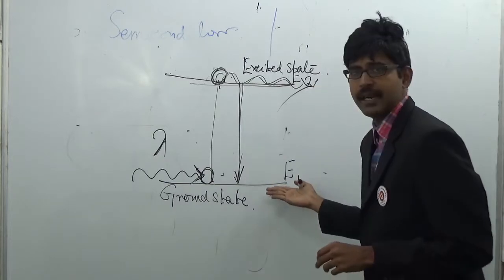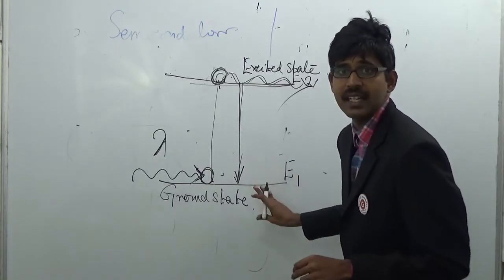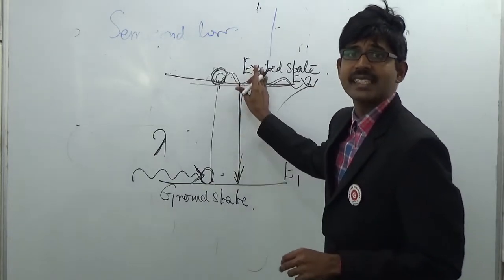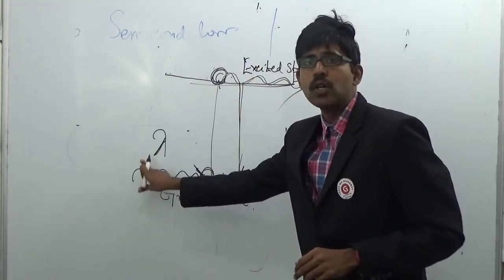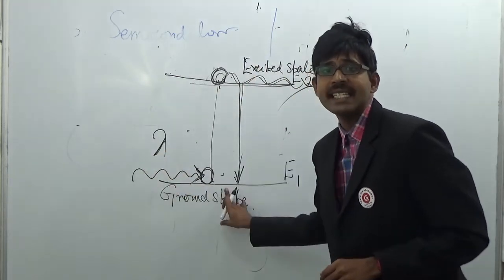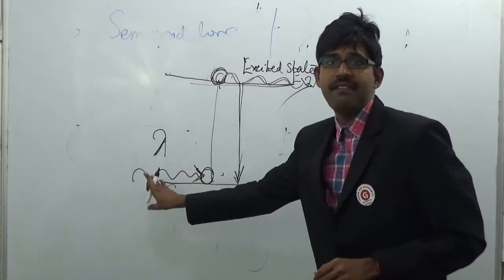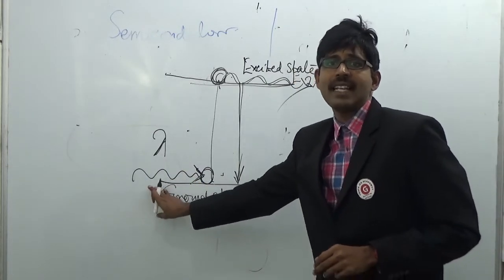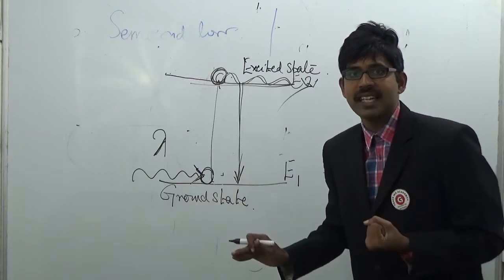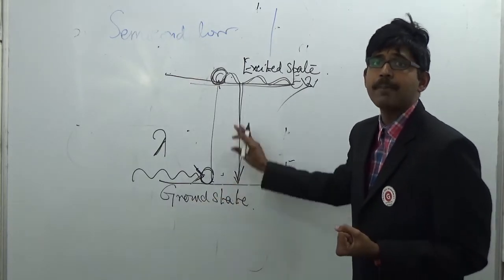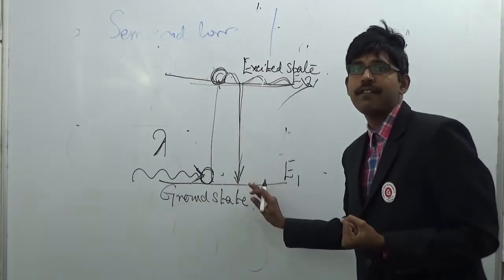The atom which is existing in the energy level E1 is taken to the excited state E2 by means of a light whose wavelength lambda is incident on this atom. The atom absorbs the energy. It is taken up to the excited state E2 from E1.